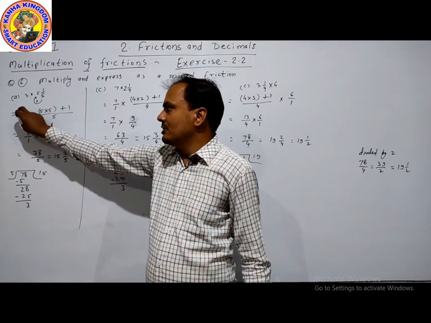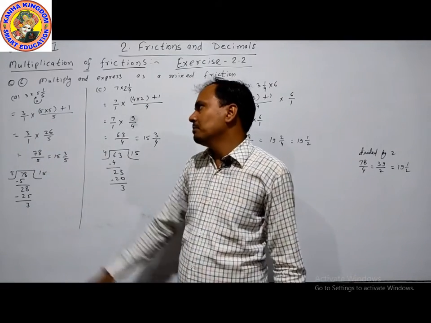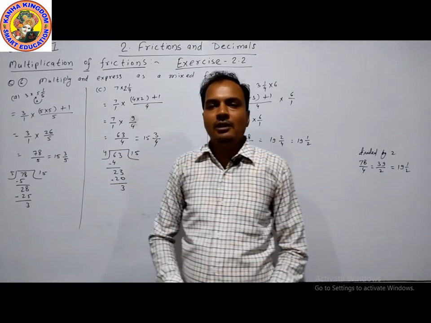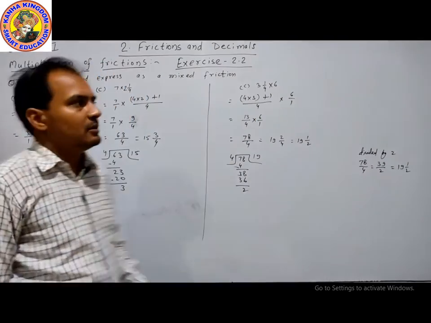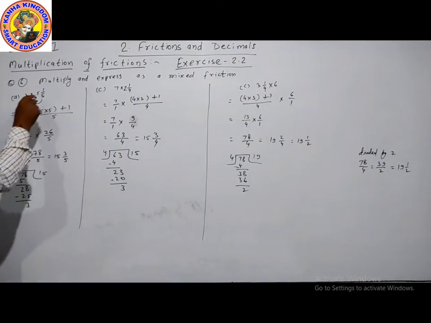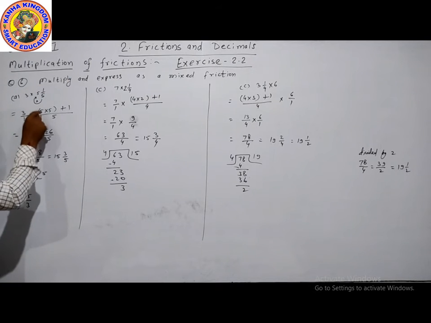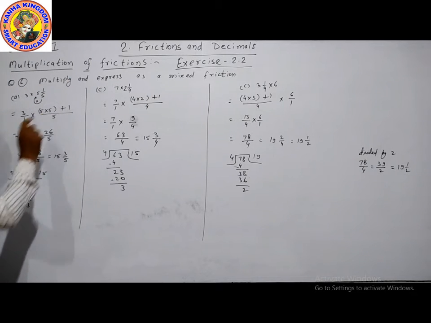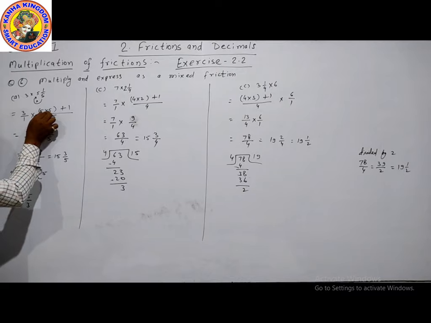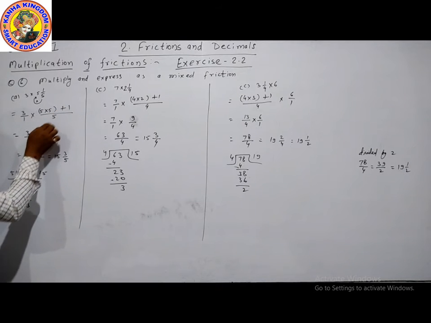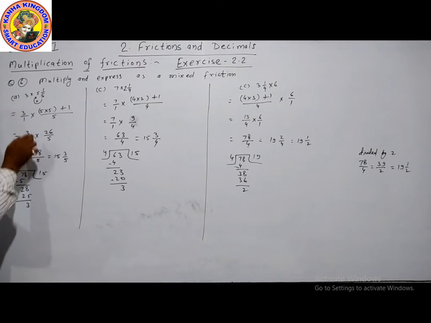This is a mixed fraction, so we convert it into an improper fraction: 5 into 5 plus 1, the divisor is 5. 5 into 5 is 25, plus 1 is 26, so 26 by 5. When we multiply, the answer is 78 upon 5.